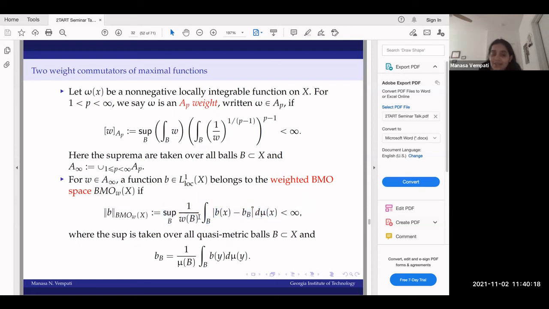In this definition, b sub B that you see here is the average of the function b on this quasimetric ball B. Here the supremum is taken over all the quasimetric balls, and we are dividing by the measure with respect to the A infinity weight of B.